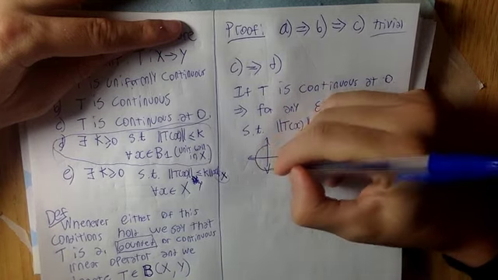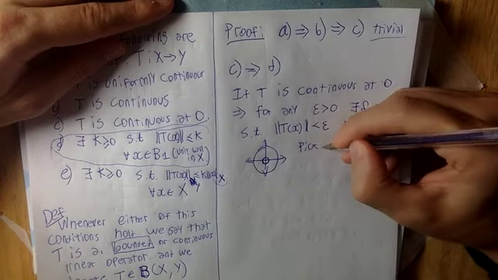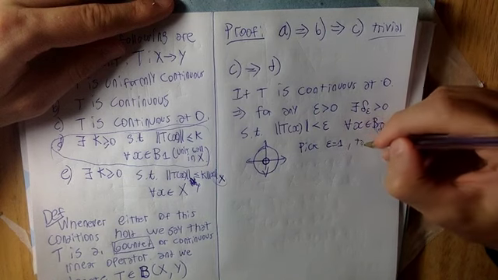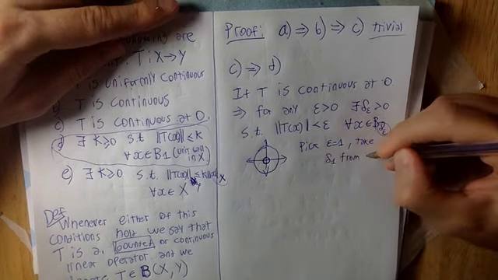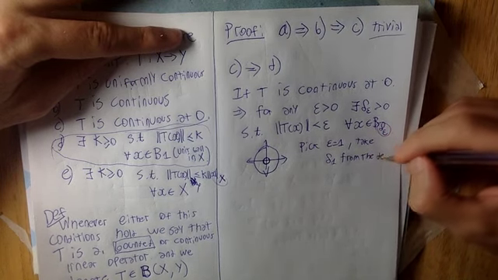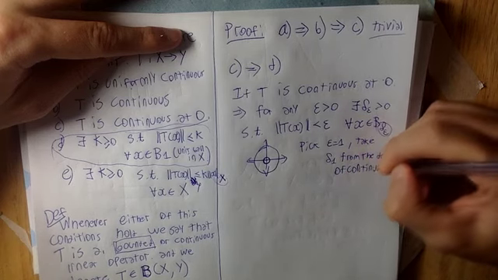So I would say pick epsilon equals 1 and take delta 1 from the definition of continuity.